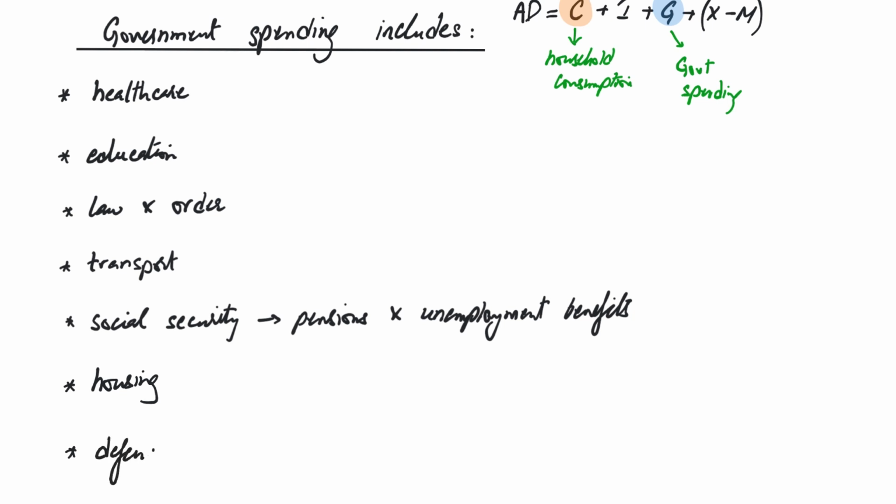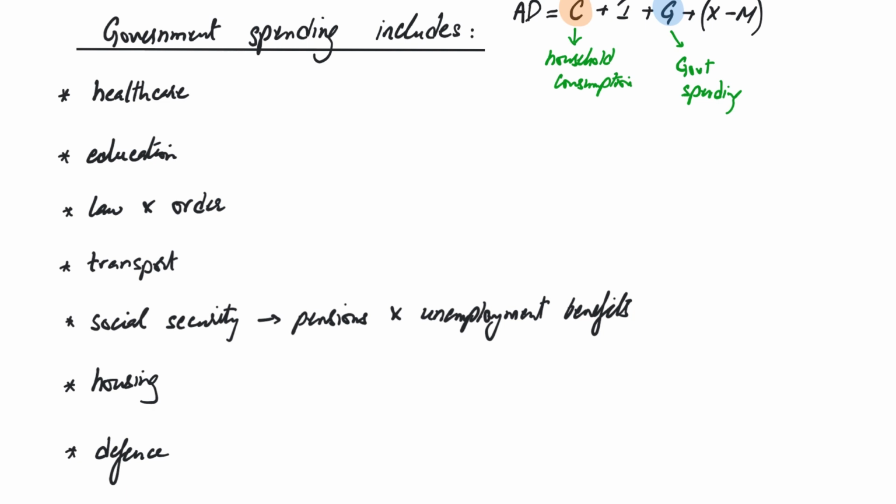Then you have defense, your army, and so on. Government is also spending on those things. So the government feels that it should be spending on all of these, not the private sector. Although these are private goods, meaning the private sector can produce and provide all of these, the government feels that they should do this.